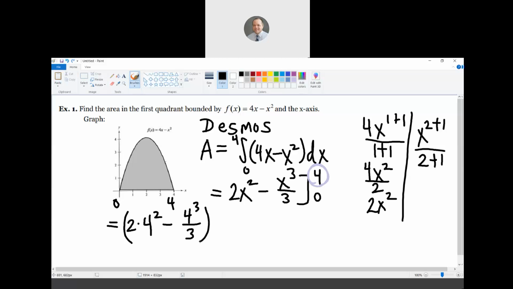And there is a minus sign in between your substitutions. The second go around, everywhere you see an x, you'll plug in the lower limit of integration, 0. So we have 2 times 0 squared minus 0 cubed over 3. And actually, that entire second part goes to 0.